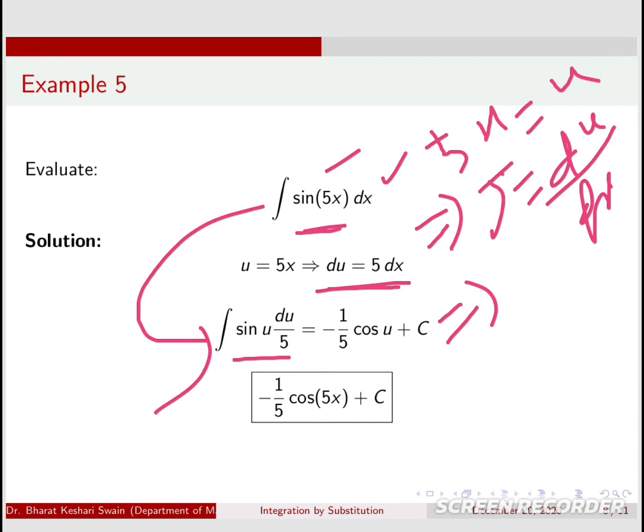So sine u du by 5, and 1 by 5 is constant. Then the integration of sine u is minus cos u, and therefore minus 1 by 5 cos u plus c. And this is the result. By putting the value of u, we get the final answer, minus 1 by 5 cos 5x plus c.